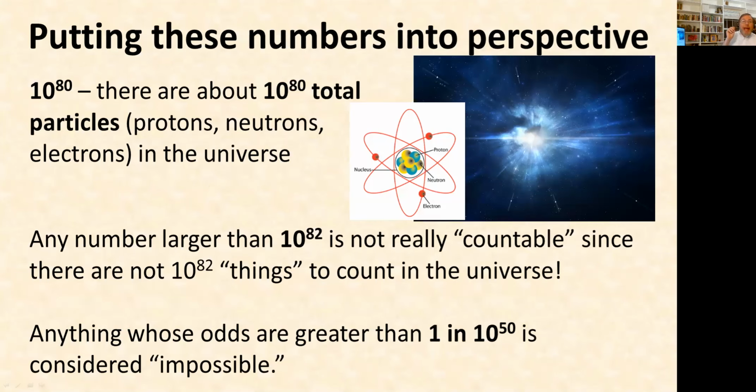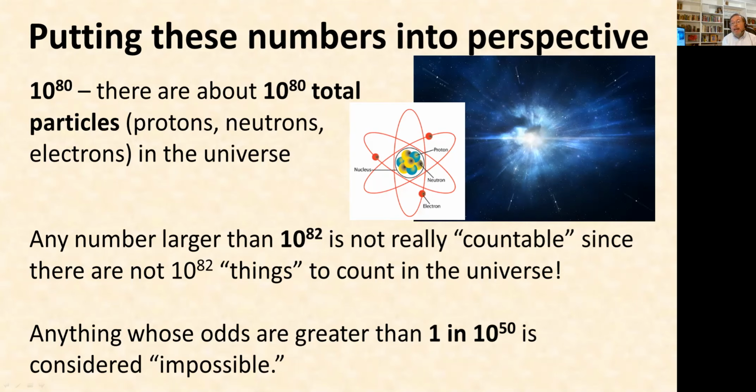If you took every atom in the universe and added up the protons, neutrons, and electrons, you would come up with about 10 to the 80th elemental particles in our universe. So you couldn't even talk about counting 10 to the 82nd power of anything because there aren't that many things in the universe to count.